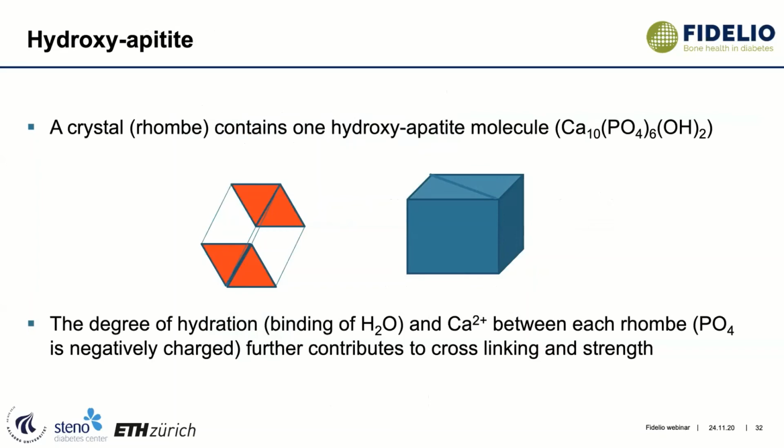And with age, the hydration of the crystals may go down, so they look more like a frail old branch that breaks or shatters, whereas in youth, the bone may look more like a young branch, which is filled with bending strength, so you can bend it, if you imagine that. Next slide, please.